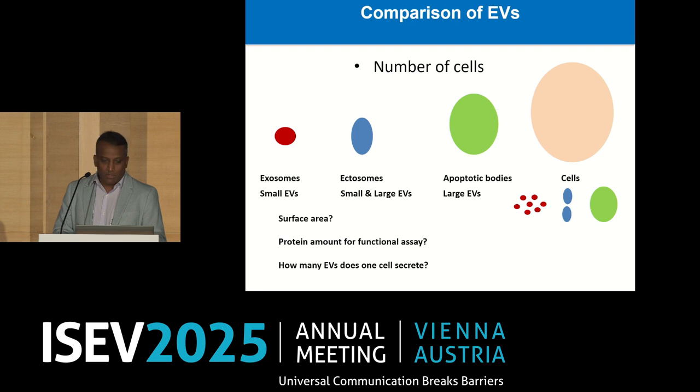You also need to understand the surface area of your EVs or your cells that you're working with, because you may be working with small EVs or large EVs, or you're comparing to the whole cell lysate. If you look at the whole cell lysate, you end up getting a lot of cytosolic proteins and proteins from other compartments, but the membrane proteins will be less abundant in those preparations.